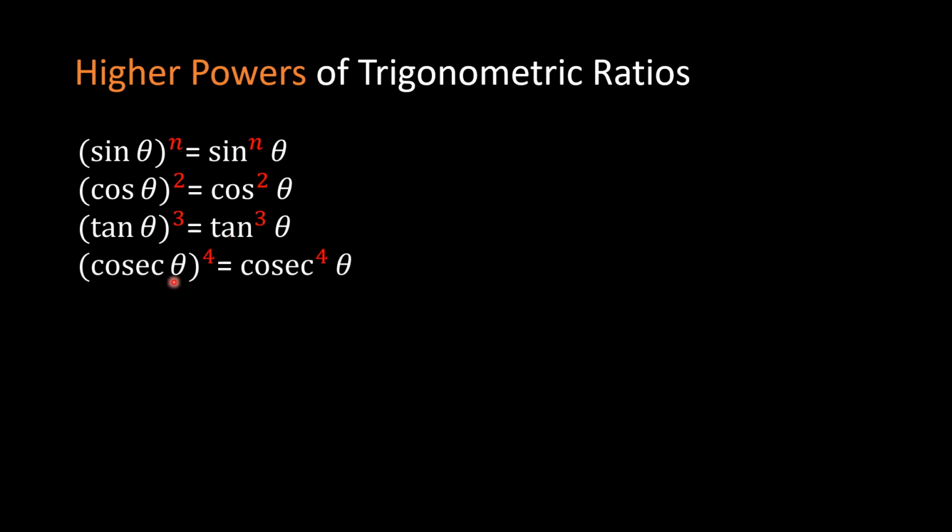Cosec theta to the power 4 is written as cosec to the power 4 theta. Sec theta whole to the power 5 is written as sec to the power 5 theta. Cot theta whole to the power 6 is written as cot to the power 6 theta.